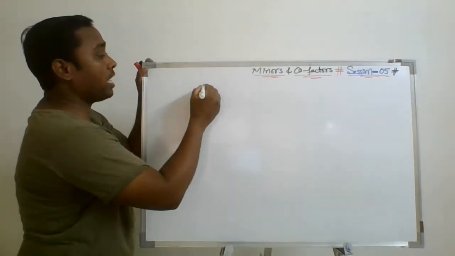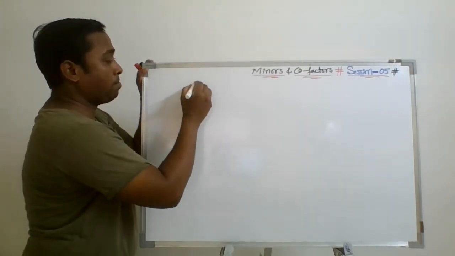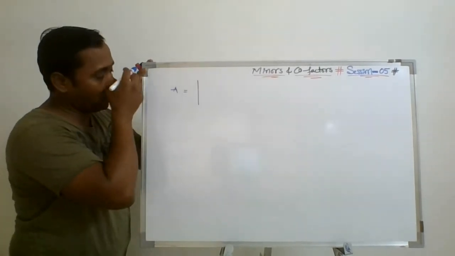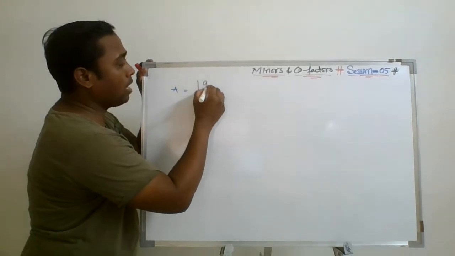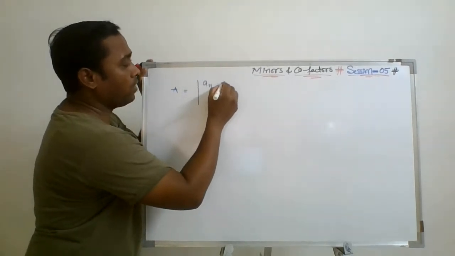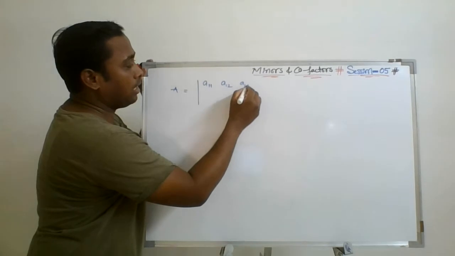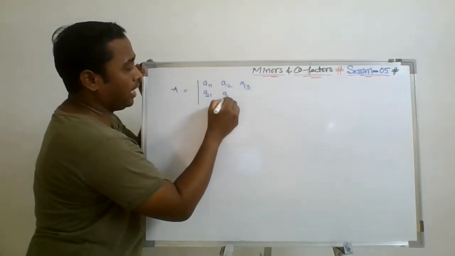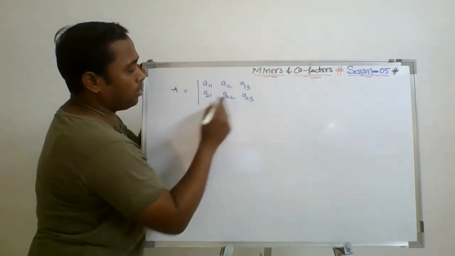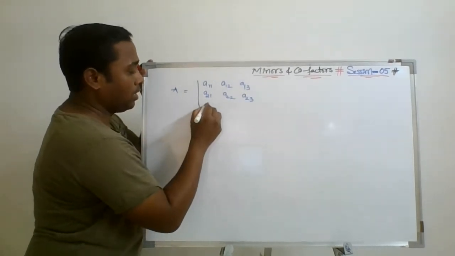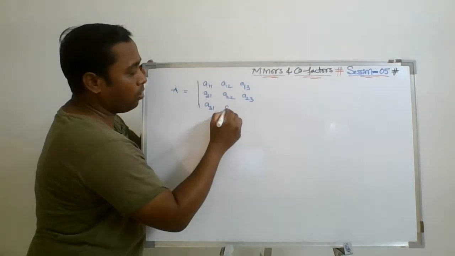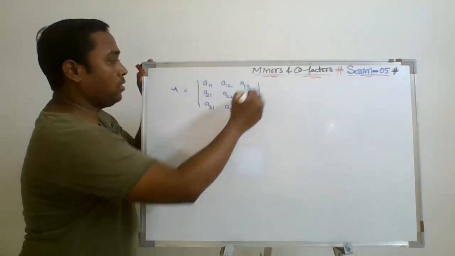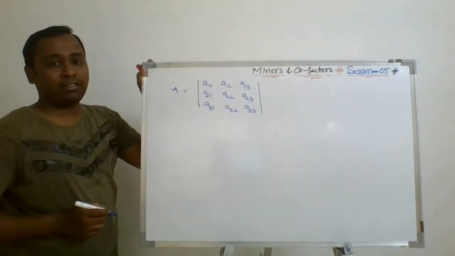Let's try to understand with the help of a determinant. Let us say there is a 3 by 3 determinant whose elements are represented by A11, A12, A13, and the second row A21, A22, A23, according to their position. A31 third row first column, third row second column, third row third column. This is what we call a 3 by 3 determinant.